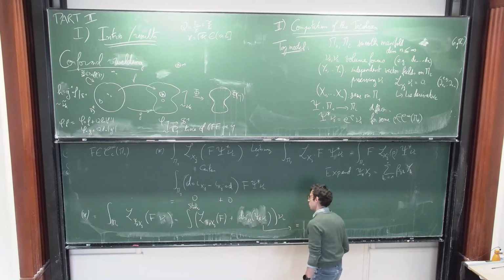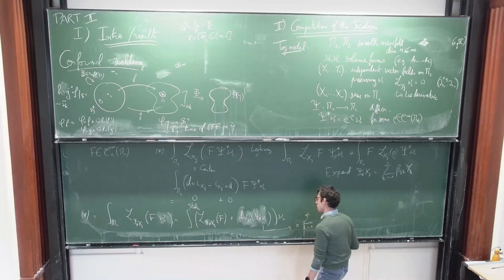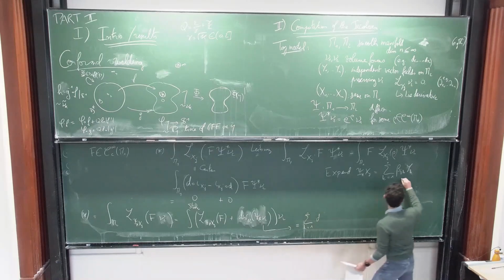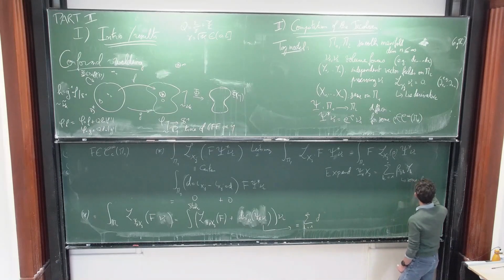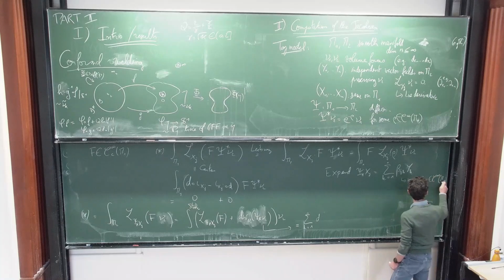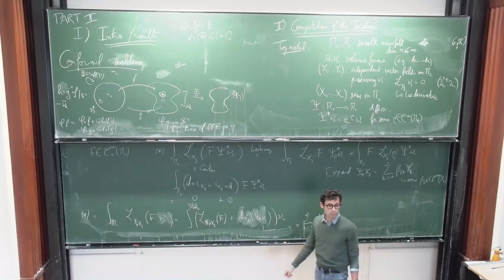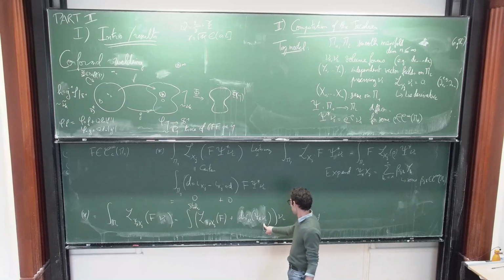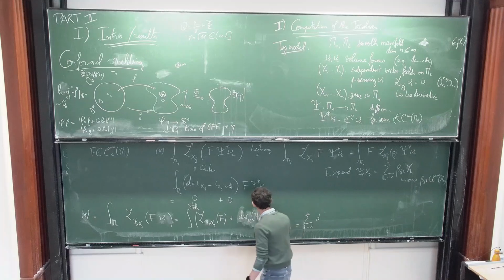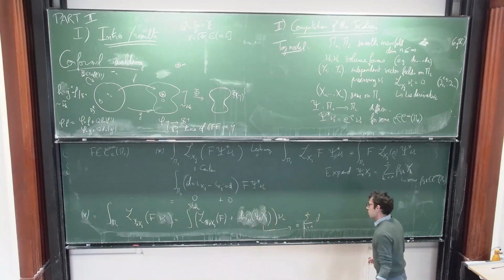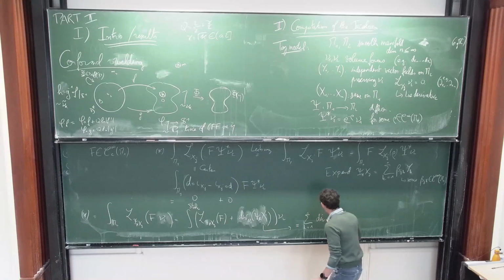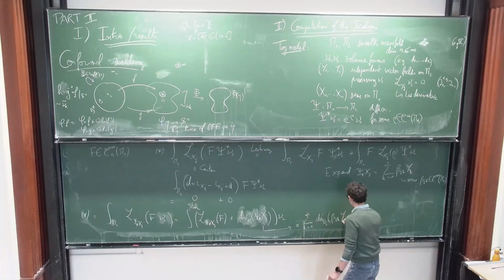So these are some functions beta jk on M2. So this is the sum of the divergence with respect to nu2 of beta jk yk.